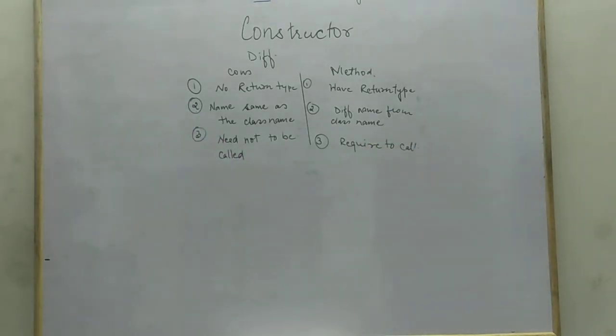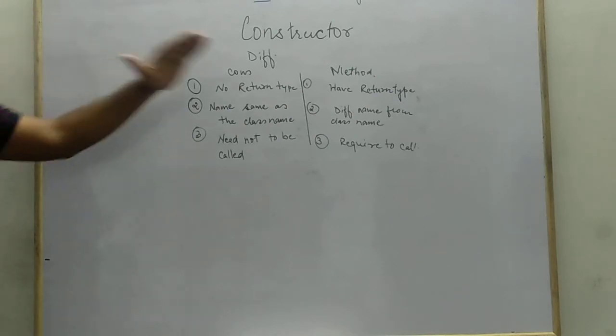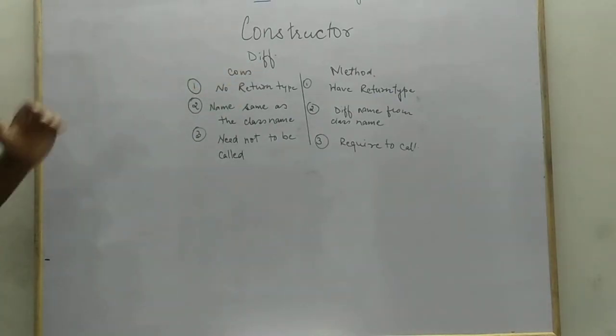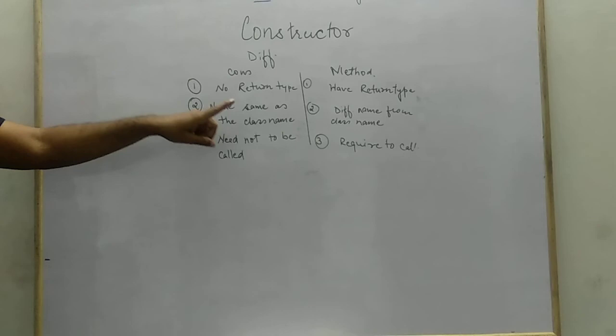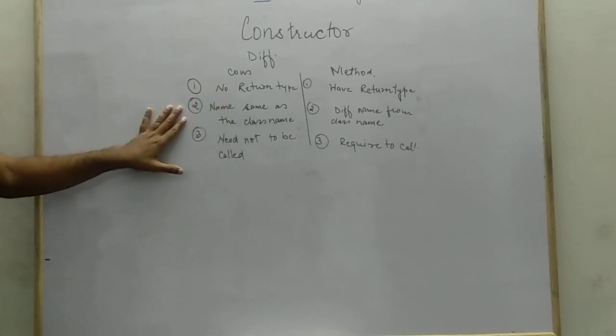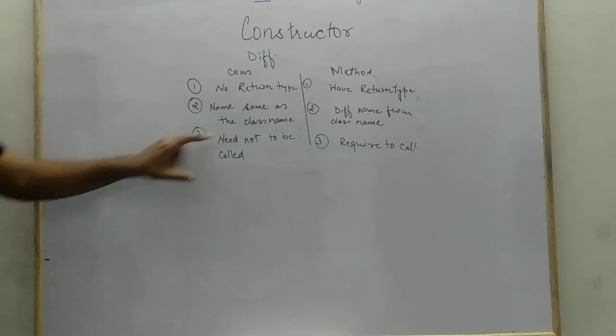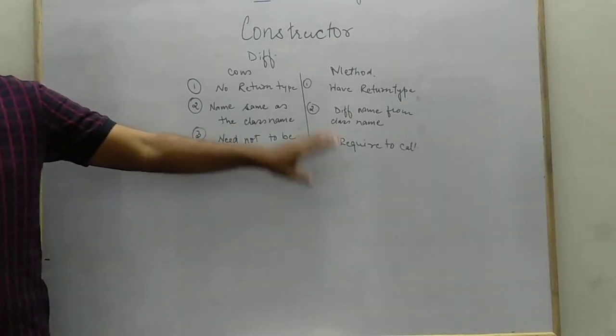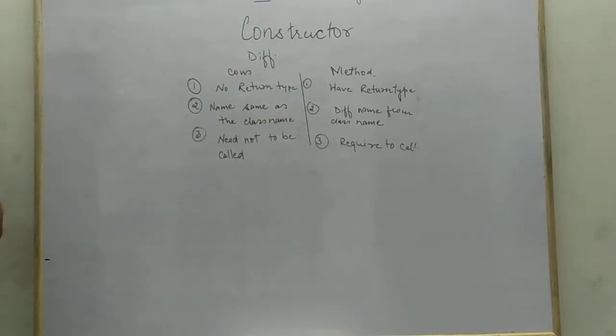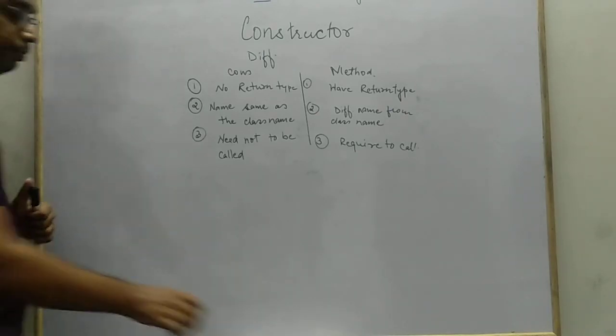So these are the basic differences between a constructor and a method: return type, name same as the class name or different from the class name, need not be called or required to be called.